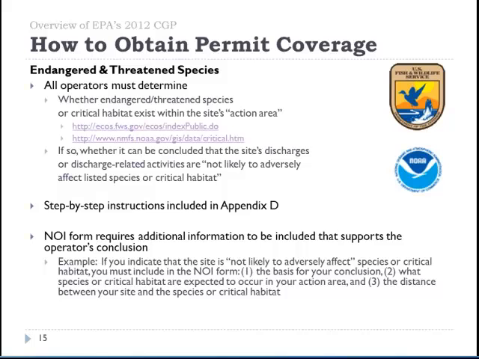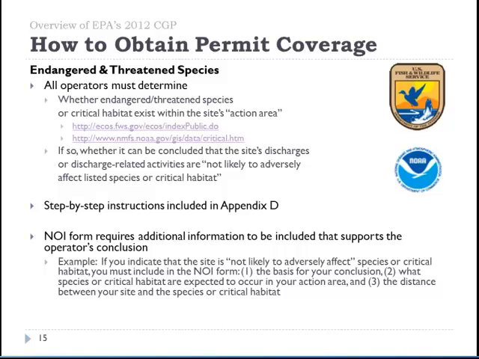I wanted to spend a little bit of time on a few of the eligibility requirements. First, the endangered and threatened species eligibility requirements. Here, EPA is affected by the Endangered Species Act, and there's a section in that act that requires that whenever the federal government takes an action, which includes something like issuing the construction general permit, we need to comply with the ESA.